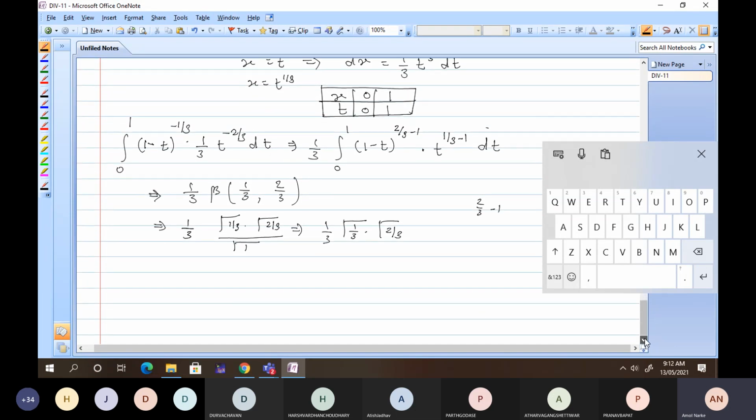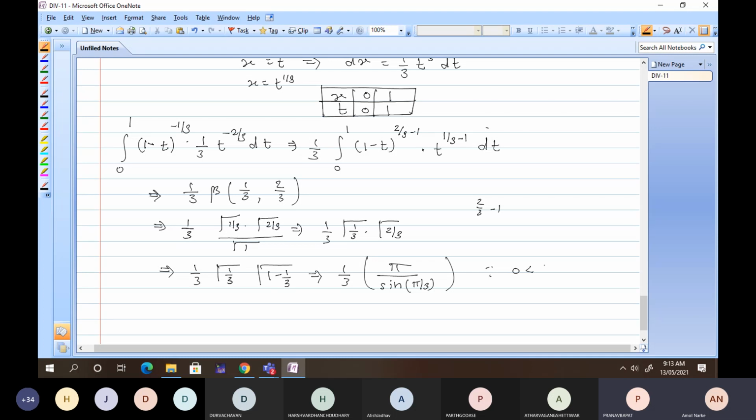So here we need to use this property. What is that property? 1 minus 1 by 3 is nothing but 2 by 3. So the value becomes 1 by 3 as it is, pi divided by sine pi by 3, since 0 is less than 1 by 3 which is less than 1.